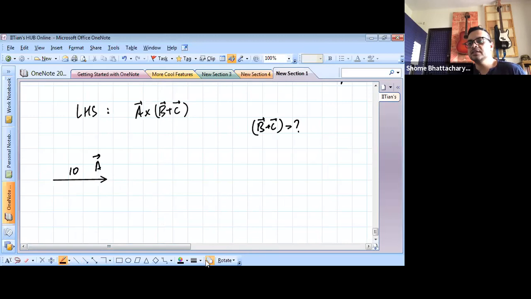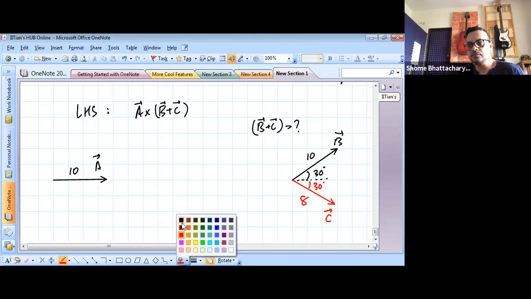So for this we'll understand that the vector B was like this. And the vector C was like this. Now you'll see that we are at an advantage if we use component algebra.